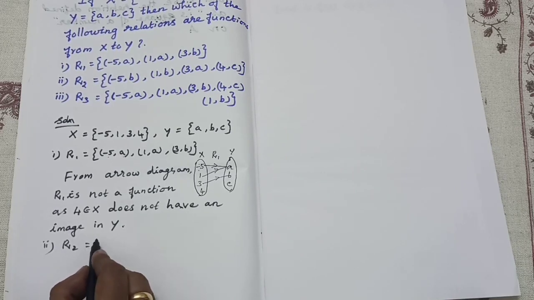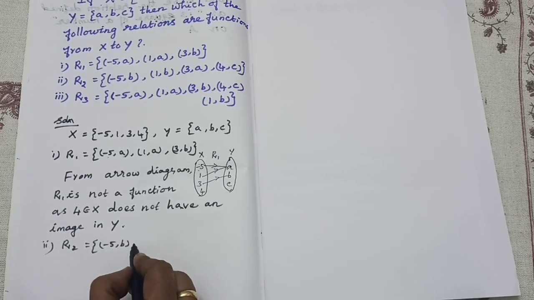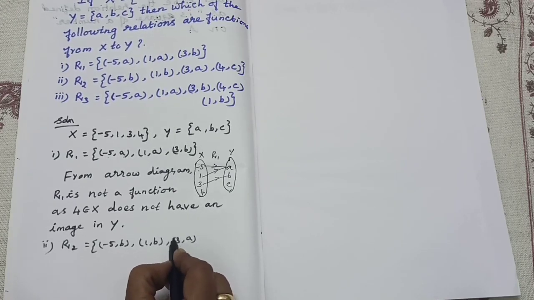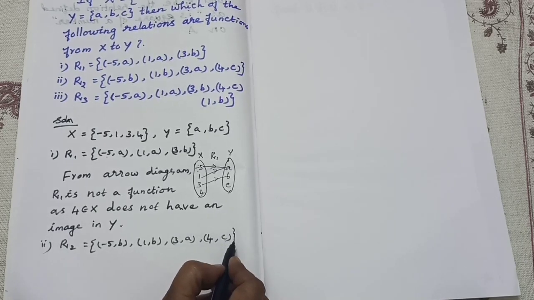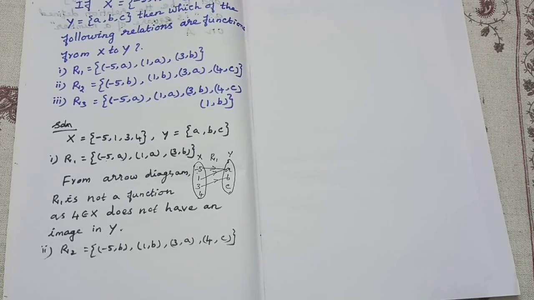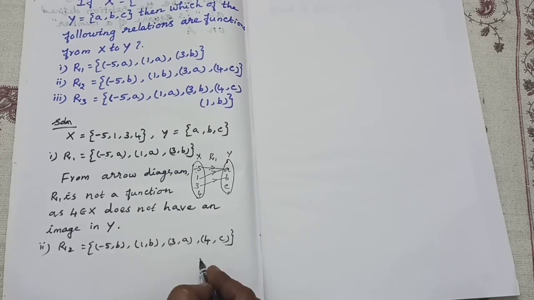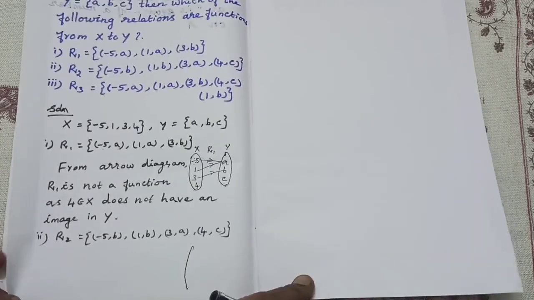R2 equal to set of minus 5 comma B, 1 comma B, 3 comma A, 4 comma C. Then for this question also, first we have to represent an arrow diagram. Then shall we draw? Have to draw the arrow diagram.